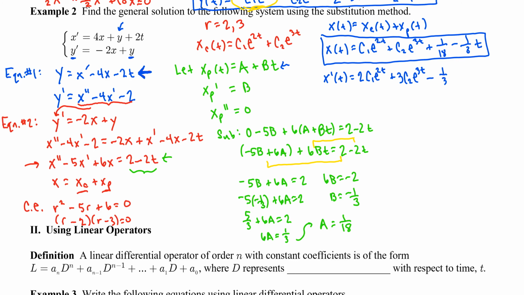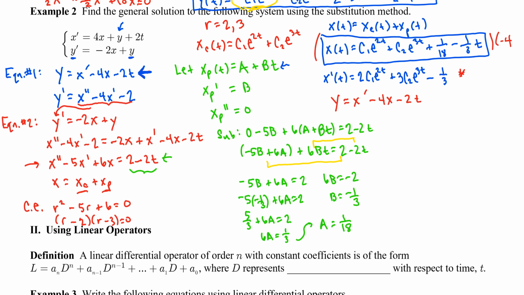Okay? Now, using this as our guide, let me just write it over here. We can see y is equal to x prime minus 4x minus 2t. So we're going to take x prime, this equation, minus 4 times x, and then we're going to add a minus 2t on the end.